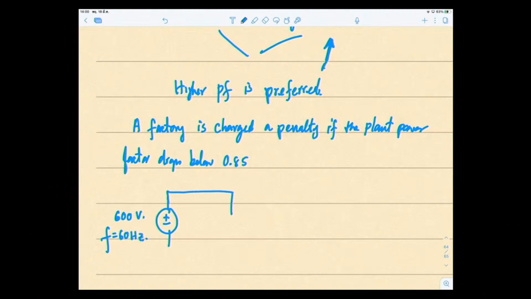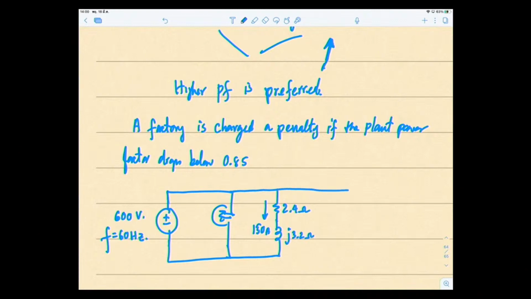In the factory there are three major loads: a lighting system, a furnace represented by the impedance, with a current of 150 amps passing through it, with 2.4 ohms and 3.2 ohms, and a motor that consumes 80 kW at 0.8 PF lagging. By the way, the lighting system consumes 12 kW.